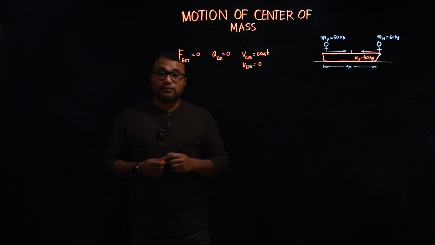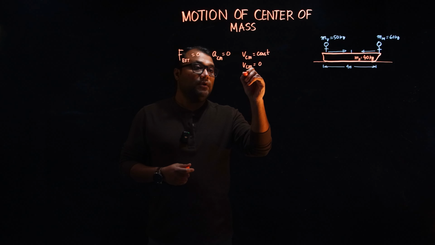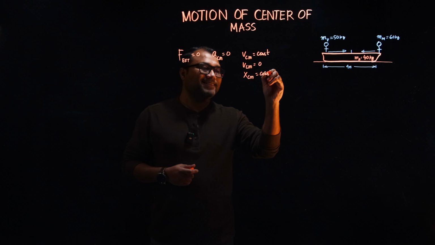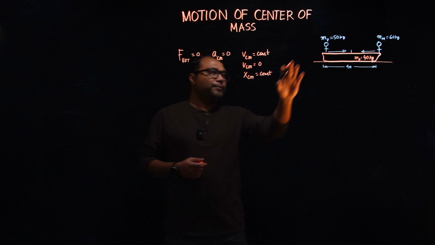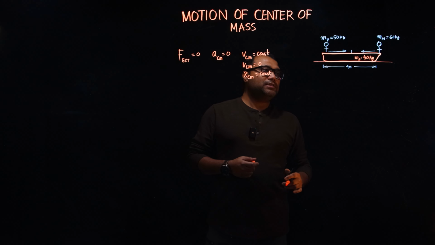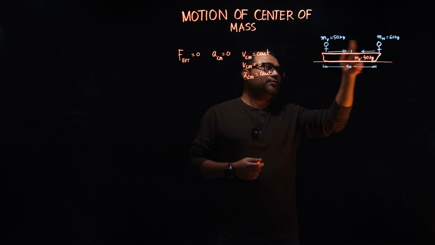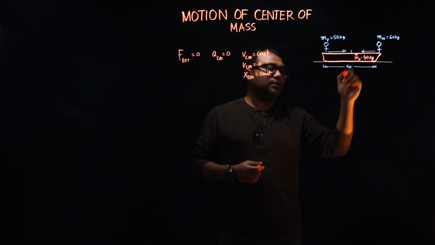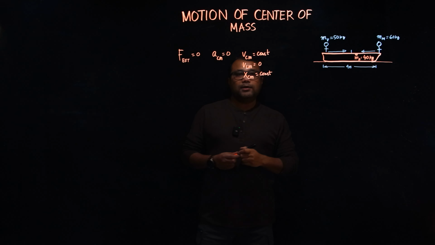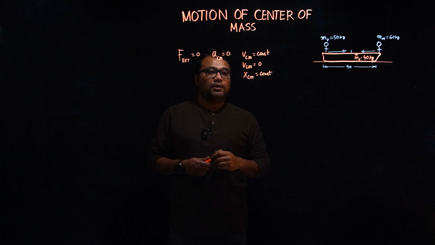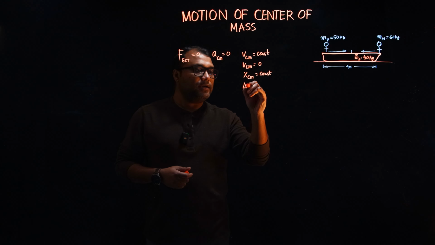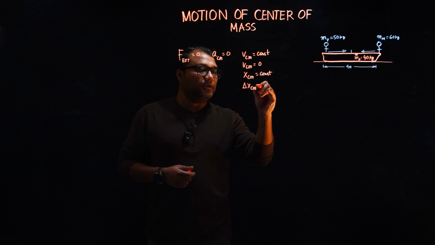Now since velocity of center of mass is 0, the location of the center of mass is a constant. Wherever the location of the center of mass was, so 40 kg, 50 and 60, right? It will be slightly towards Mr. M. So let's say this was the location of the center of mass. It remains constant, which means there is no change. So delta XCM is 0.